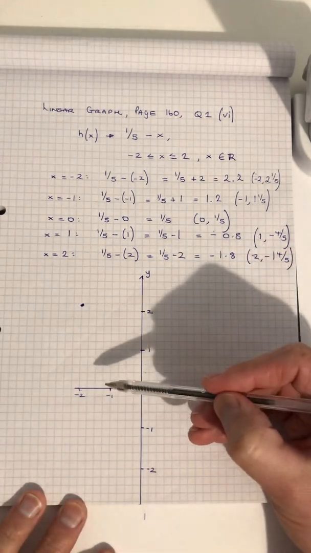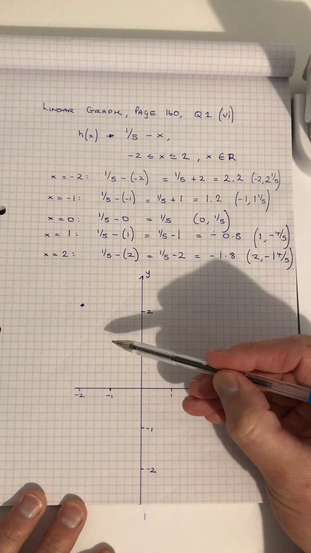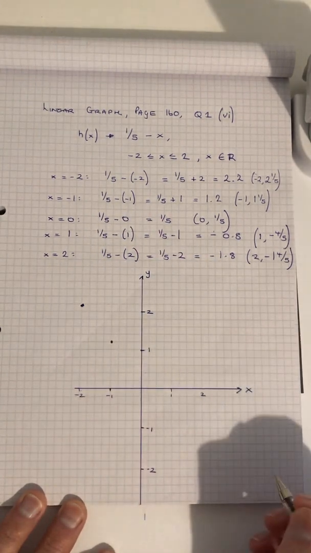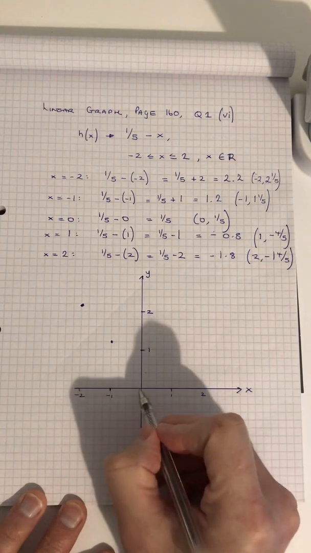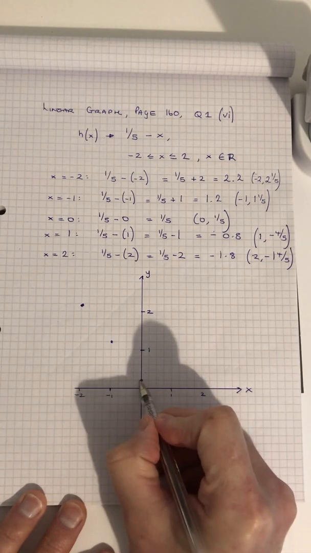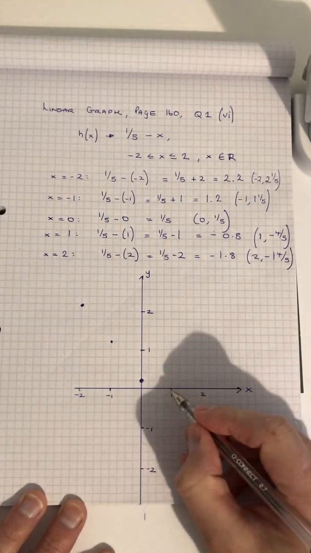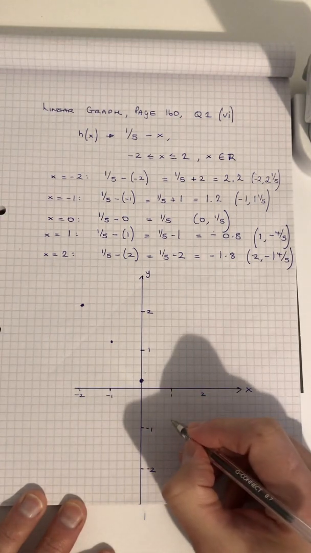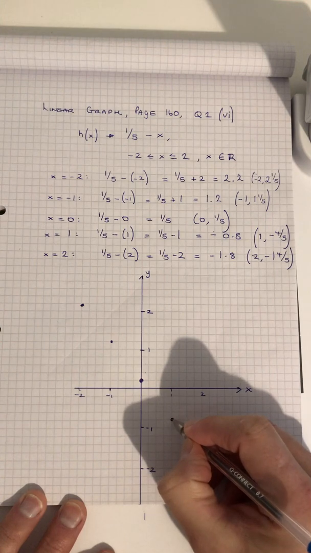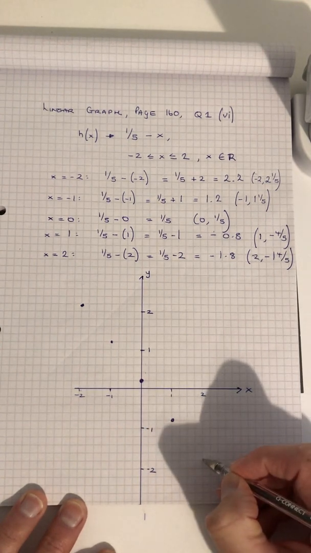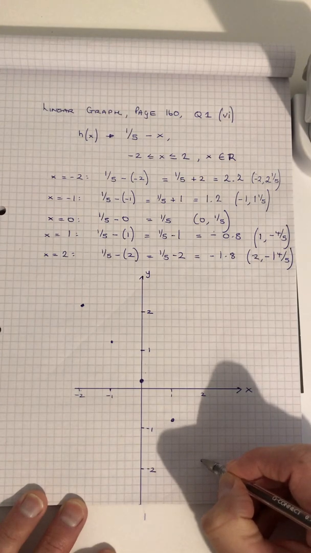So -1 and then 1 1/5 will be here. 0 up to 1/5, 1 down to -4/5, and 2 down to -1 and 4/5.